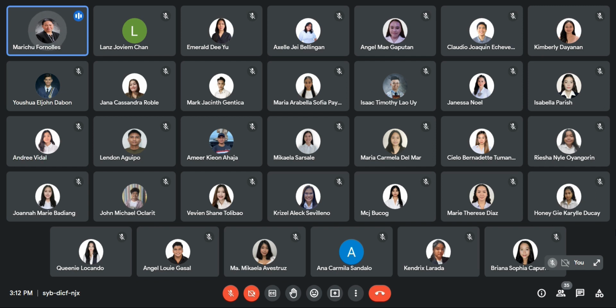Then you will have a separate entry to record the payroll for the period. Now remember, not all companies will have the same date for processing the payroll. Some will have their pay dates every 15th day of the month. So in other words, the salaries shall be paid twice a month or semi-monthly.